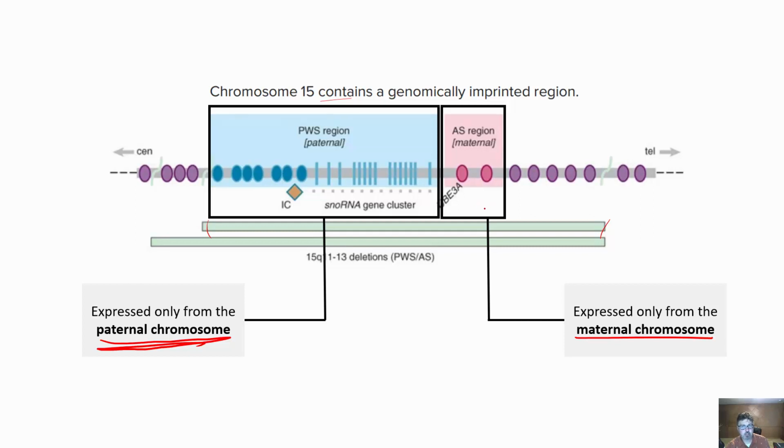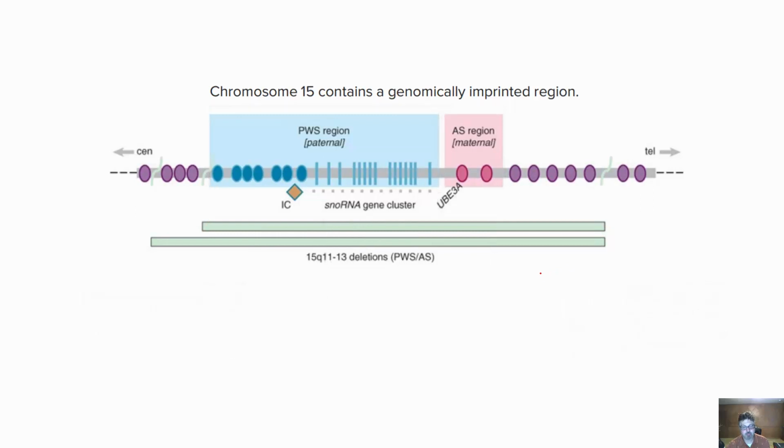So that means on the paternal chromosome, it will be turned off. So hopefully that gives you a little bit of an idea, but this area here, Prader-Willi, is only expressed on the paternal chromosome. It's actually imprinted on the maternal chromosome. And then over here, Angelman syndrome is expressed on the maternal chromosome and imprinted or turned off on its homologous pair, the paternal chromosome.